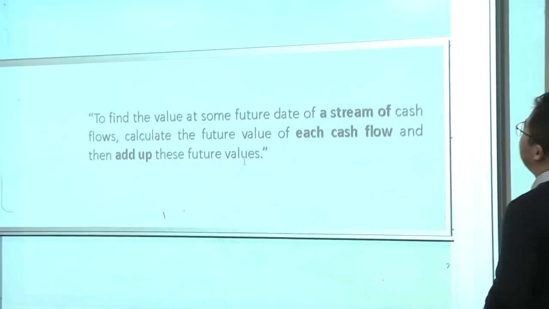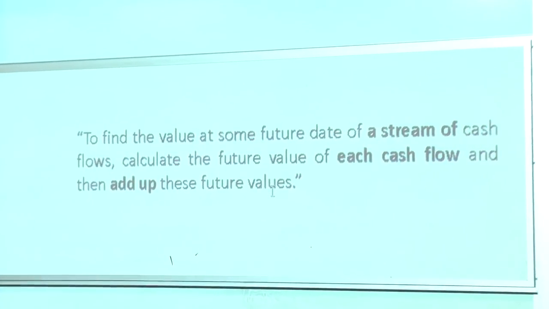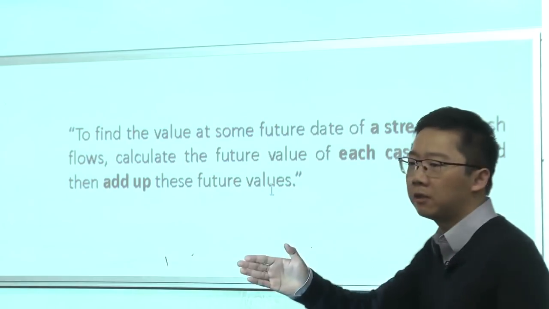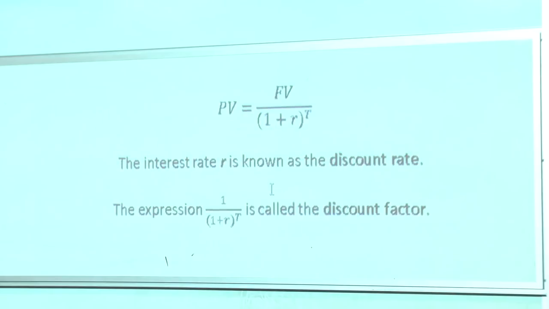To find the value at some future date of a stream of cash flows, calculate the future value of each cash flow and then add up these future values. That is saying if we have a very complex cash flow, or even a simple cash flow but with multiple periodic cash flows, we can use this formula to calculate either the future value or the present value of each of those cash flows to the same point of time, and then add them up.